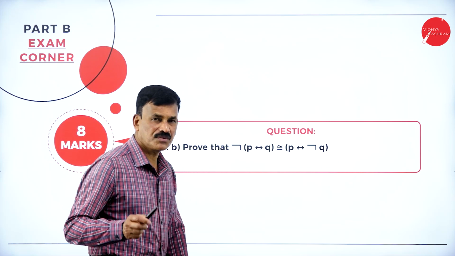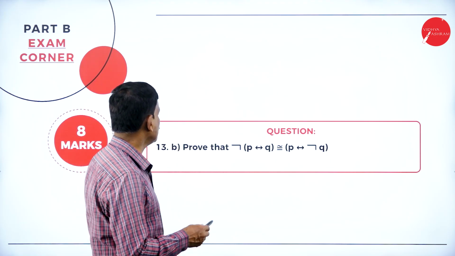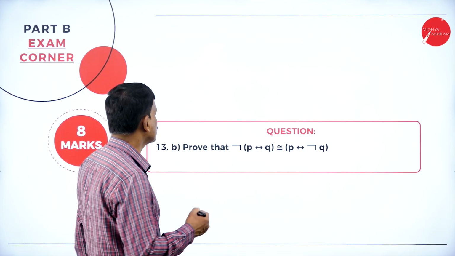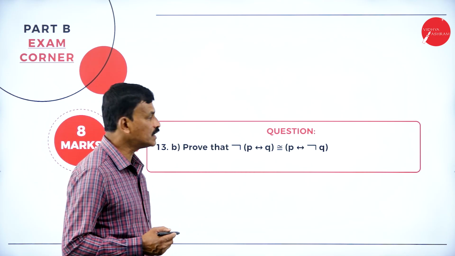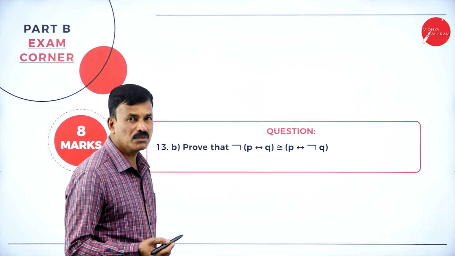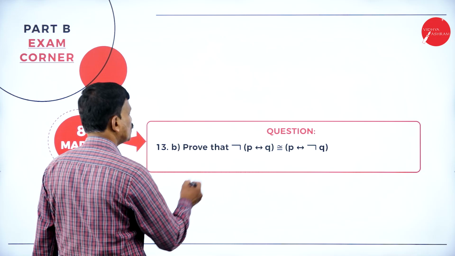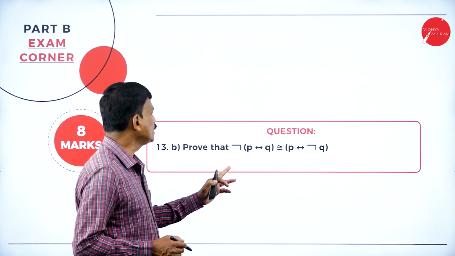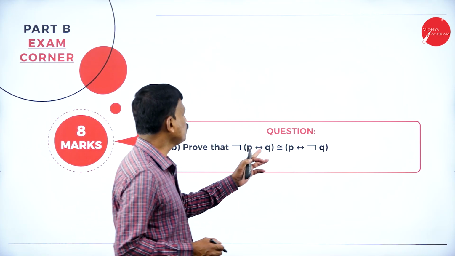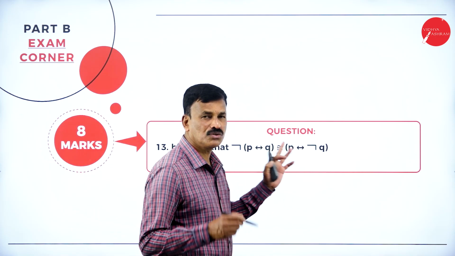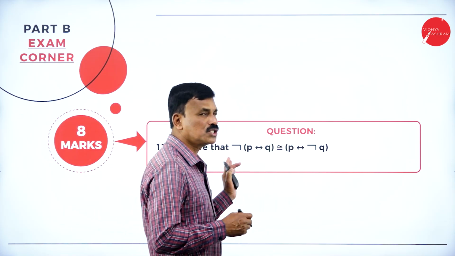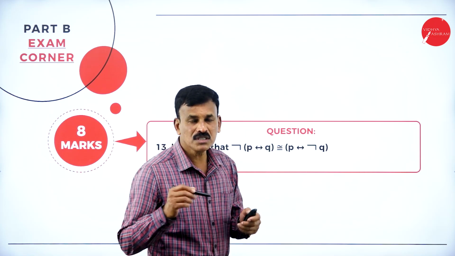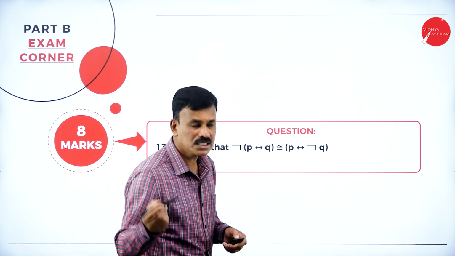The next problem is also for 8 marks. Prove that negation of P biconditional to Q is logically equivalent to P biconditional to negation Q. Very simple problem. Now, just write down the truth table for P biconditional to Q and its negation. Again, P biconditional to negation of Q. Verify that the truth values in these two are the same. If they are the same, then they are logically equivalent.